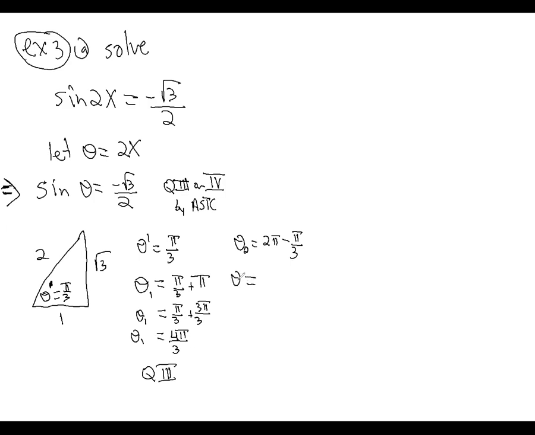Getting our LCD, denominator 3, 1 goes into 3 times, 3 times 2 is 6. So that's going to be 6 pi over 3 minus pi over 3, which is 5 pi over 3. 6 minus 1 is 5. And that's our answer in quadrant 4.